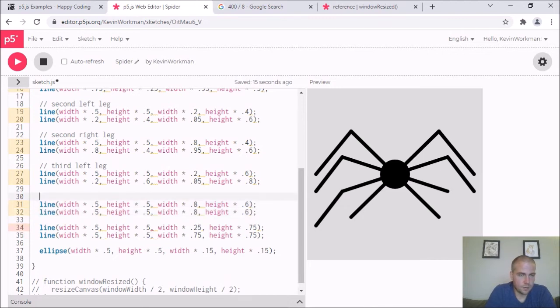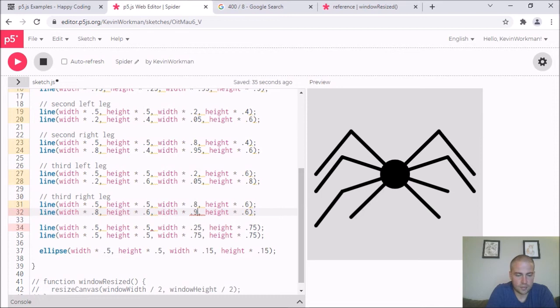The third right leg is going to go from 0.8, 0.6, and I'm using 0.8, 0.6 as shorthand. It's really width times 0.8, height times 0.6, but that's annoying to say every time. So I just think in terms of the decimal, because that's the thing that's changing. So I want to go from 0.8, 0.6 to what?